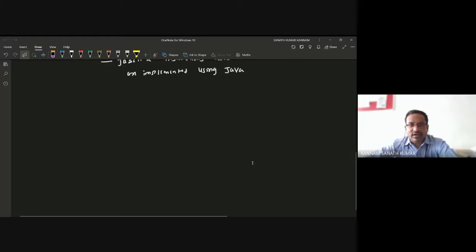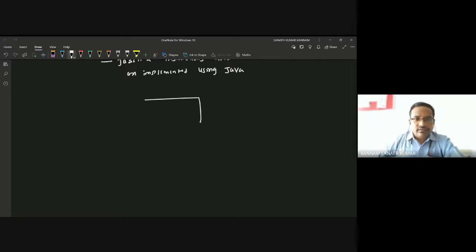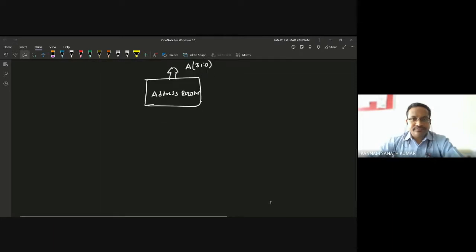Now today I will explain the basic architecture of the ARM processor. First of all, I will draw the diagram for the ARM processor, and I will explain each and every component and how the data is flowing. So this is the address register, and here there is the data. This is the address, A31 to A0, meaning 32 bits.